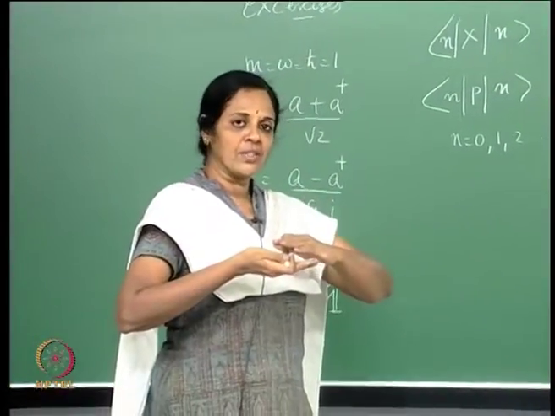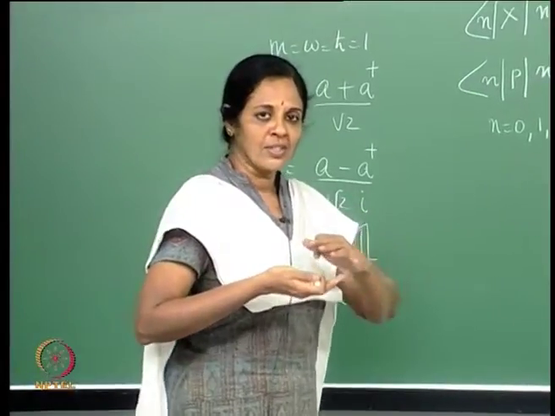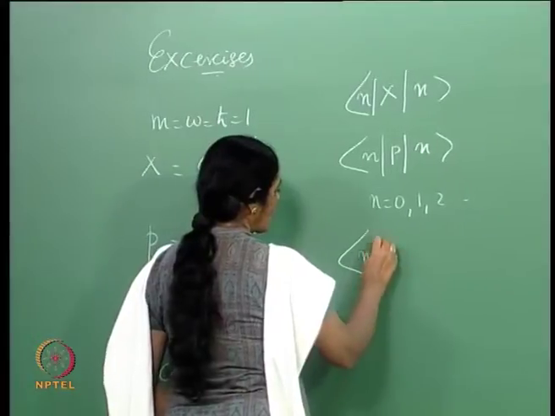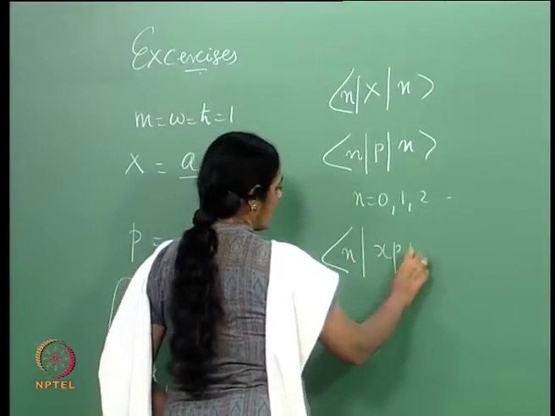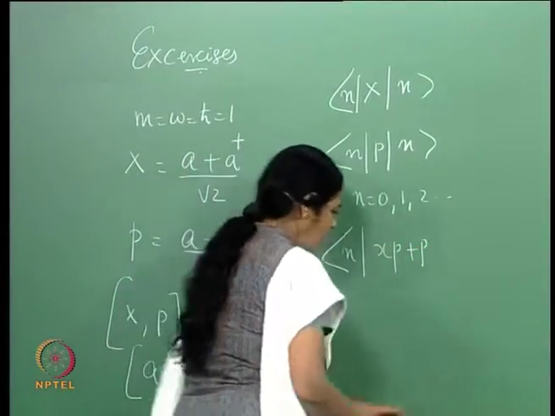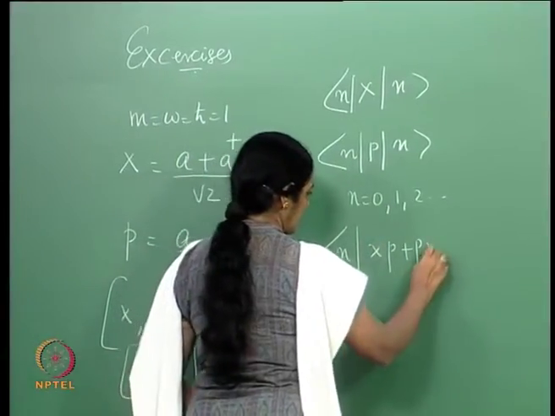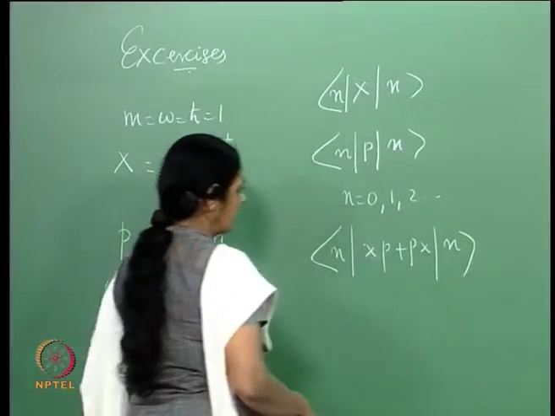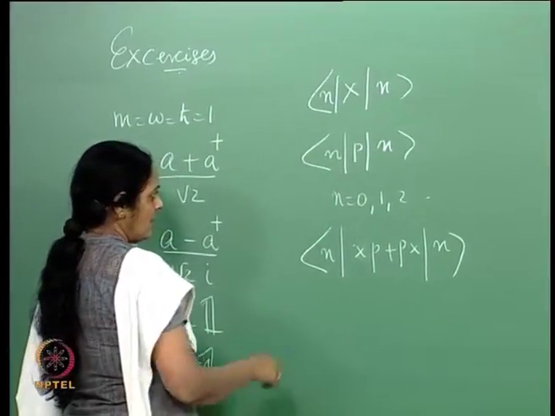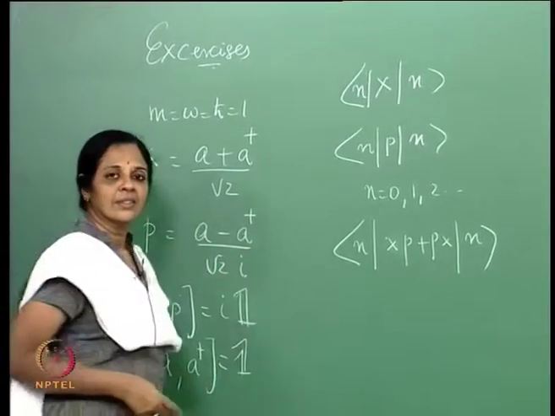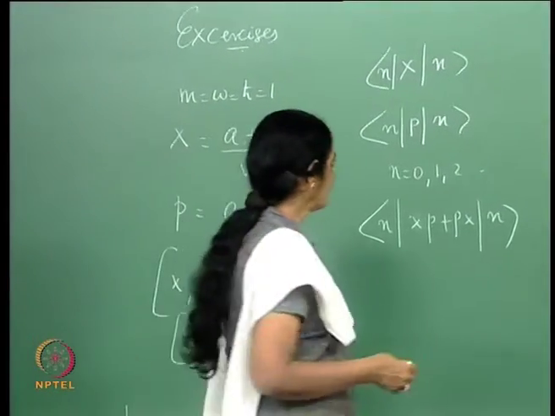Then we can build up the excited states from the ground state. We also want to know the expectation value of xp plus px in the state n. So that would be the first problem that I will attempt. I wish to calculate these three objects.